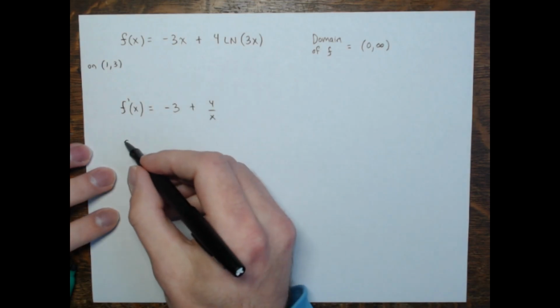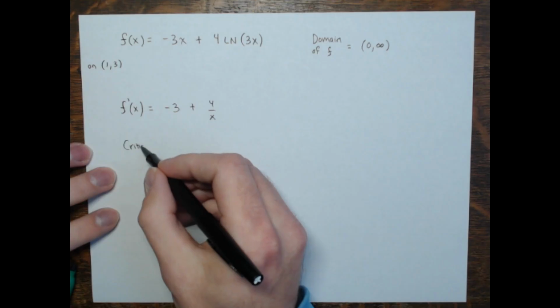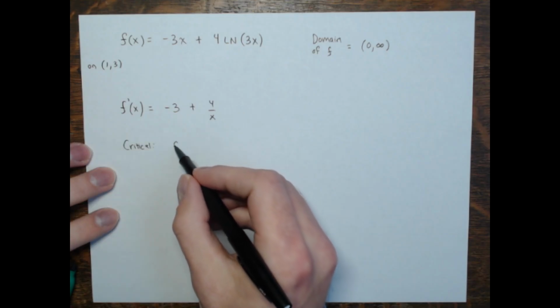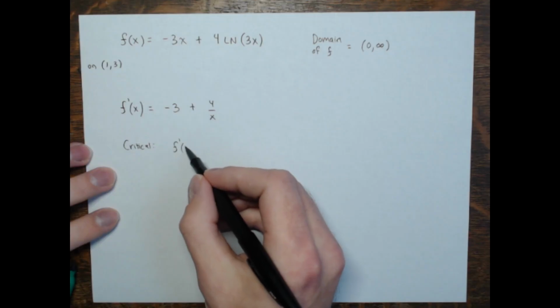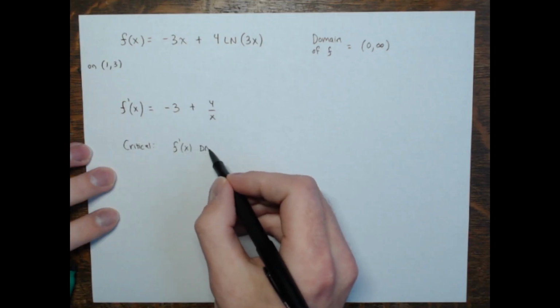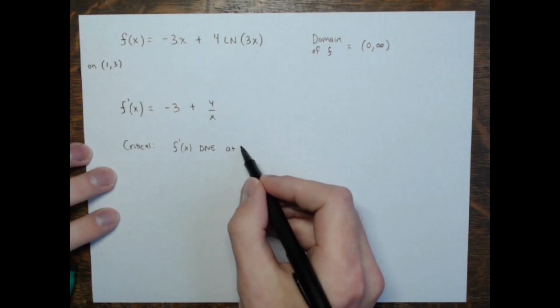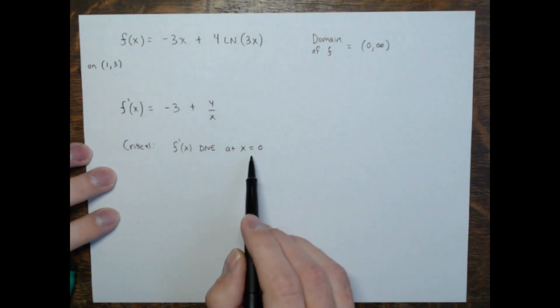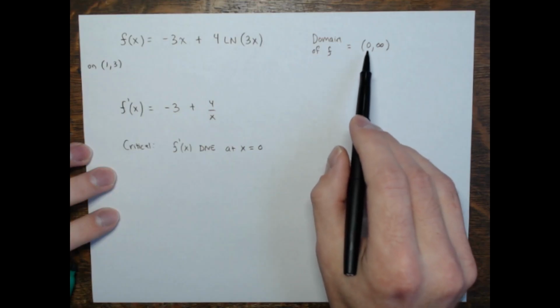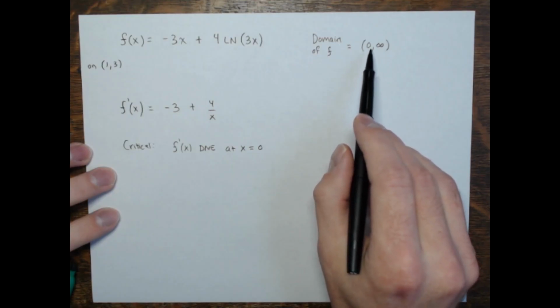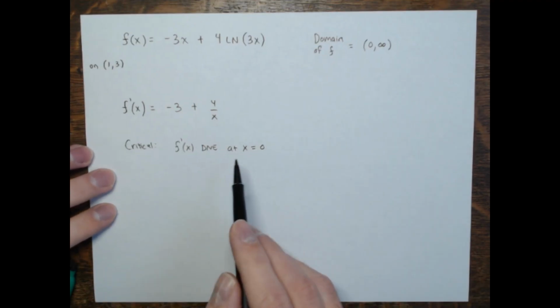And so my critical values. Now this derivative expression does not exist at x equals 0. But remember, 0 isn't even in the domain here, so I'm not really worried about that.